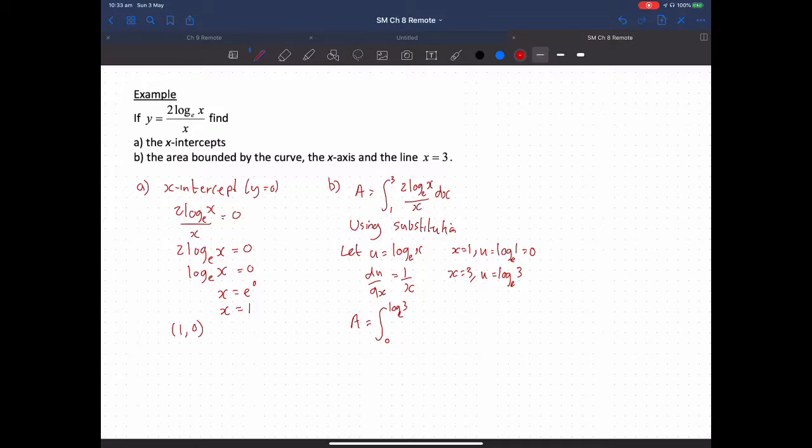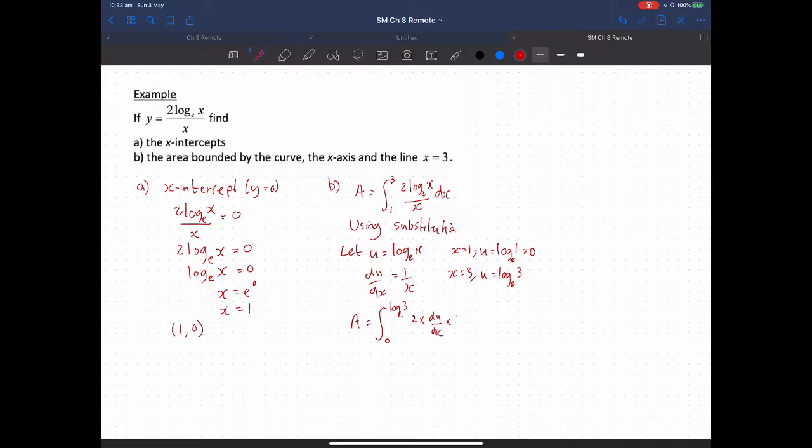We now have 2 over x, so we've got 2 times, x on the bottom line, so it's 1 over x. 1 over x is du/dx, times log e of x.